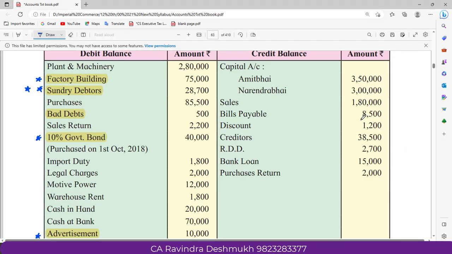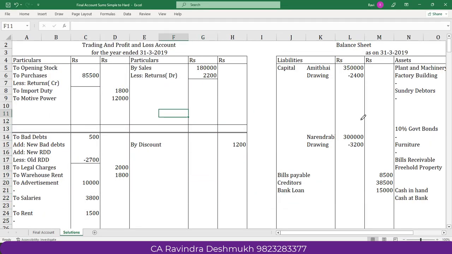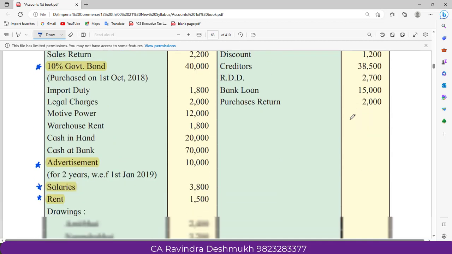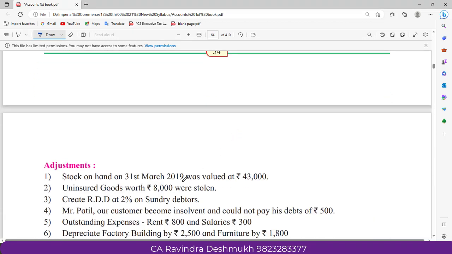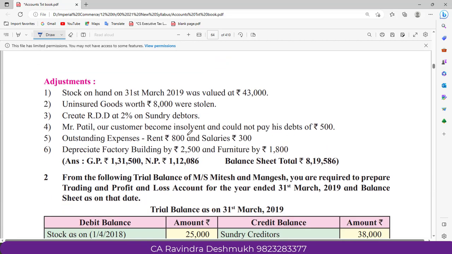The next one, purchase return 2,000, to be subtracted from purchases. Now these are the postings that we have done. Coming to adjustment, each adjustment will be having two effects.